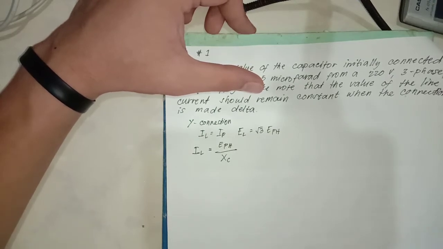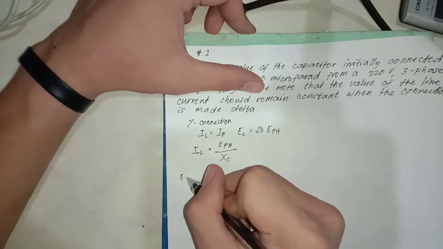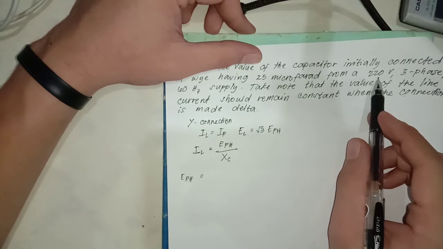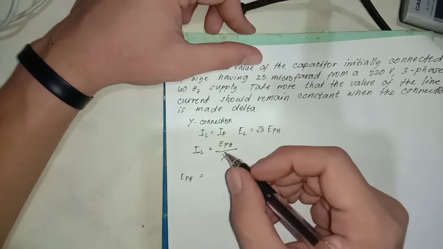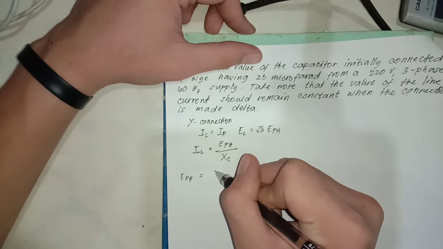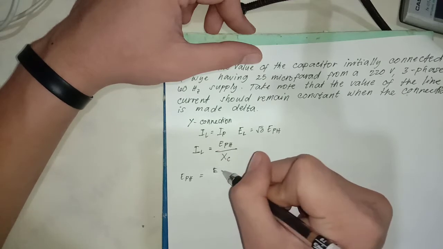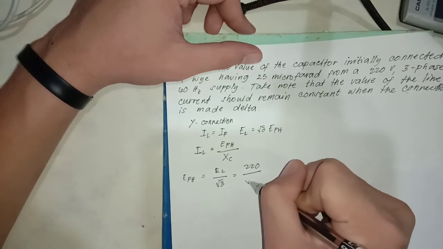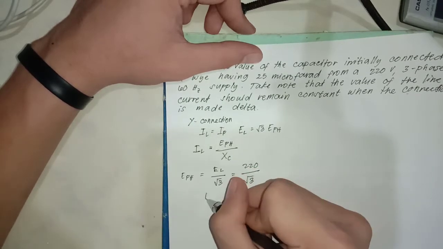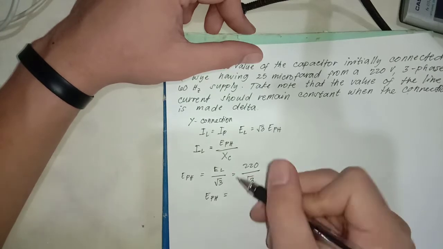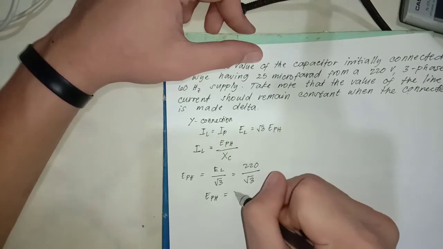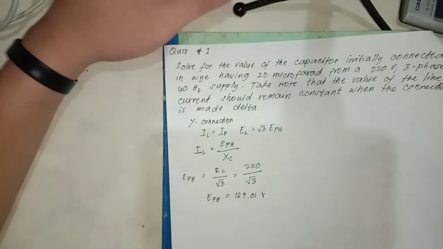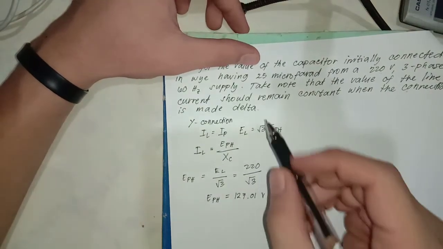So to get the phase voltage, since we have the value of line voltage, which is 220, we can now equate EL over the square root of 3, 220 divided by the square root of 3. Our phase voltage is equals to 127.01 volts.